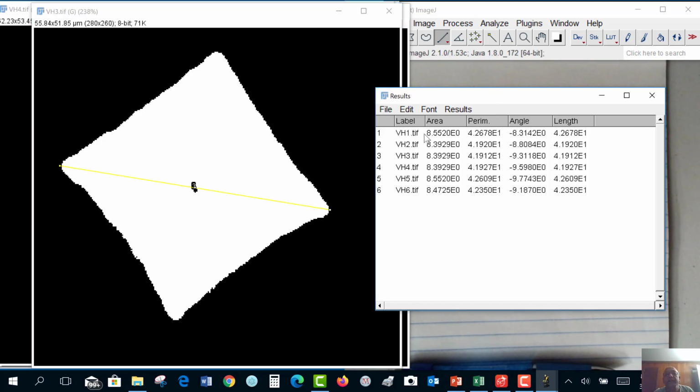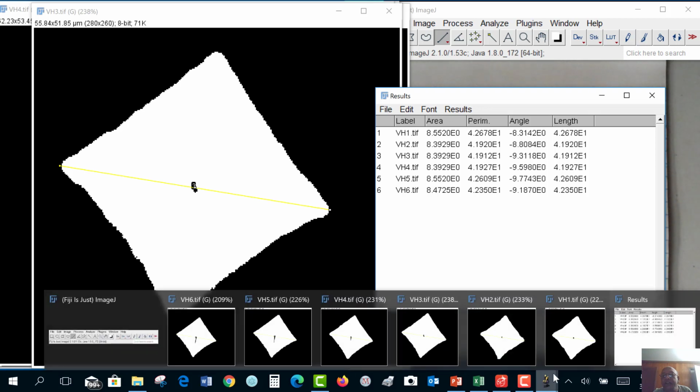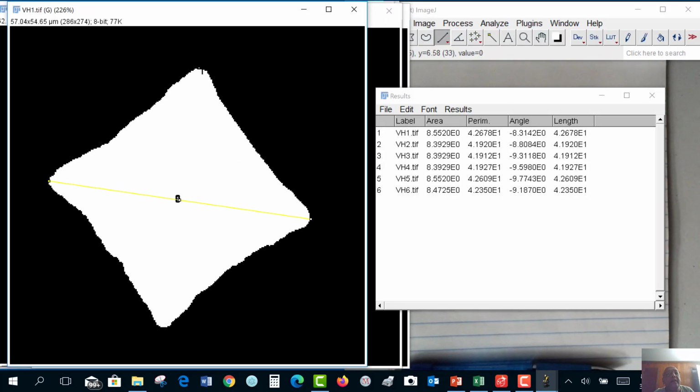So the key idea here is we have got horizontal diagonals here, and we can just copy this column and paste it into our spreadsheet. Next, we are going to measure again 1 through 6, the vertical diagonals. So let's start with 1, and we do vertical diagonals.